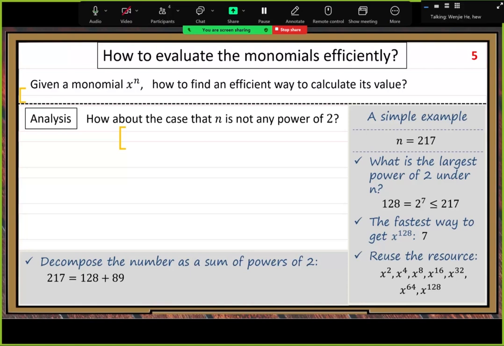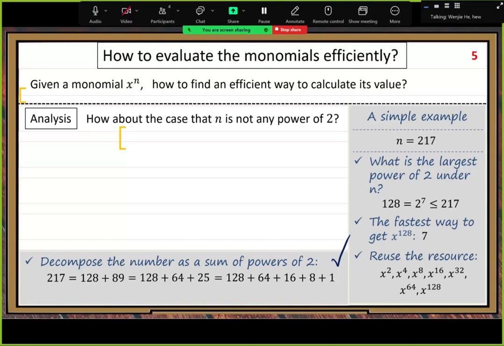That's 64. So we take 64 out. The remaining part, 25, is not a power of 2. So let's take out another power of 2. That's 16. Then 8. Then 1. After that, we get a sum of powers of 2.